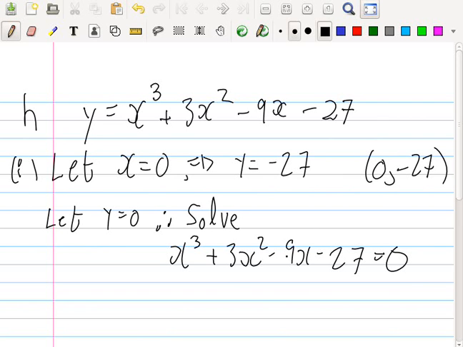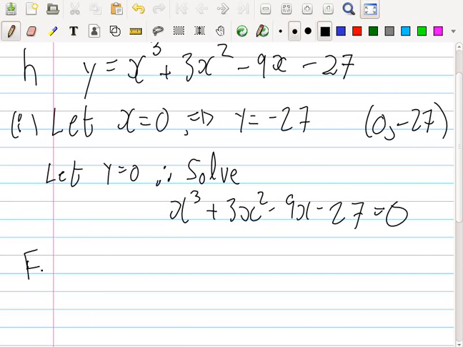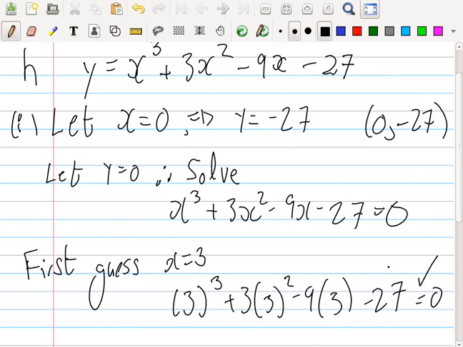Okay? So what we do is we pretend as if we guessed that first, okay? So for example, first guess x is 3. So I get 3 cubed plus 3 times 3 squared minus 9 times 3 minus 27, and that actually does equal 0.